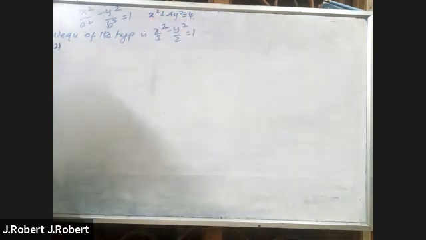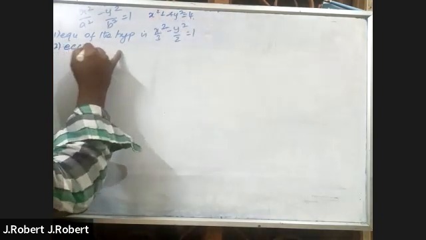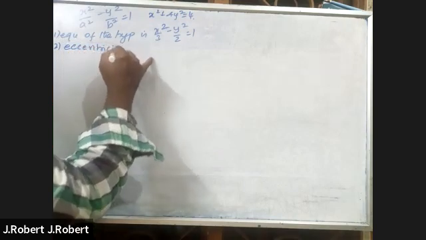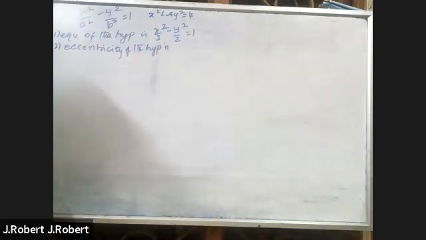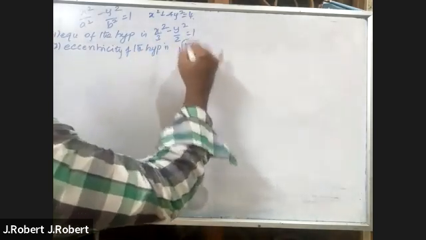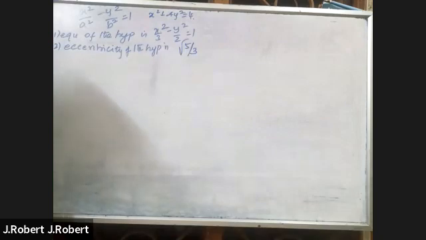Second: the eccentricity of the hyperbola is root 5 by 3, square root of 5 divided by 3.